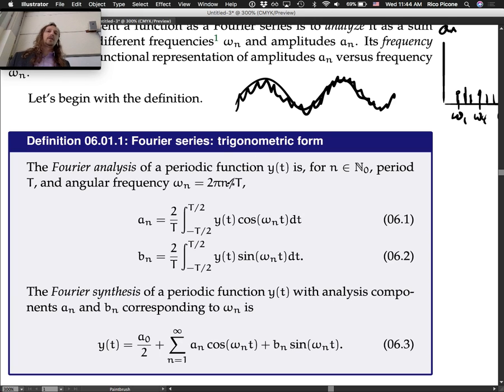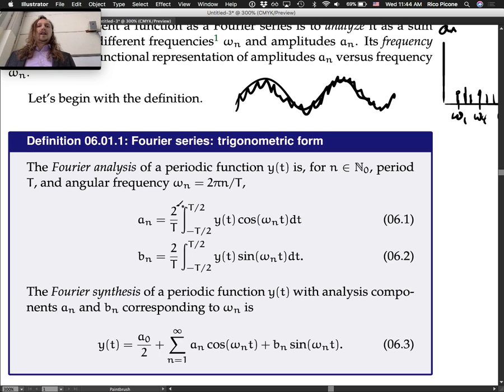So if you continue to have n increase here, notice that these frequency components are all multiples of this first frequency component, which is 2 pi over T, the period of the signal.